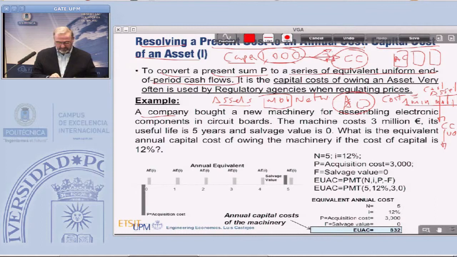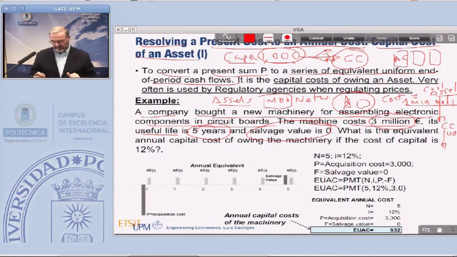And then let's see an example. A company bought a new machine for assembling electronic components for producing circuit boards. The machine costs 3 million euros. Its useful life is 5 years, and the salvage value is 0.